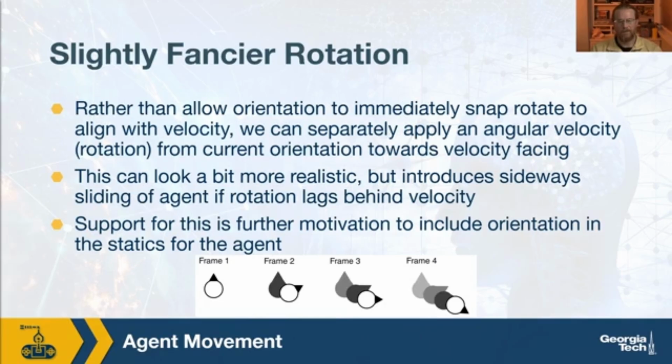So over several frames, if the overall angle exceeds our angular velocity maximum speed, we're just going to rotate as quickly as we can in that direction. What that will do is make something that looks more realistic in terms of the game. You'll see the character might start to move in a particular direction, but it'll take a while to whip around and face where it should be facing.